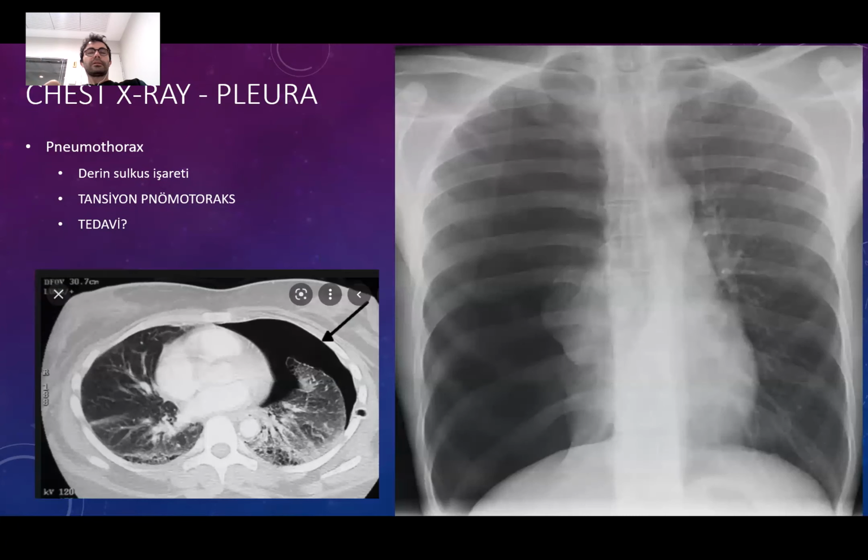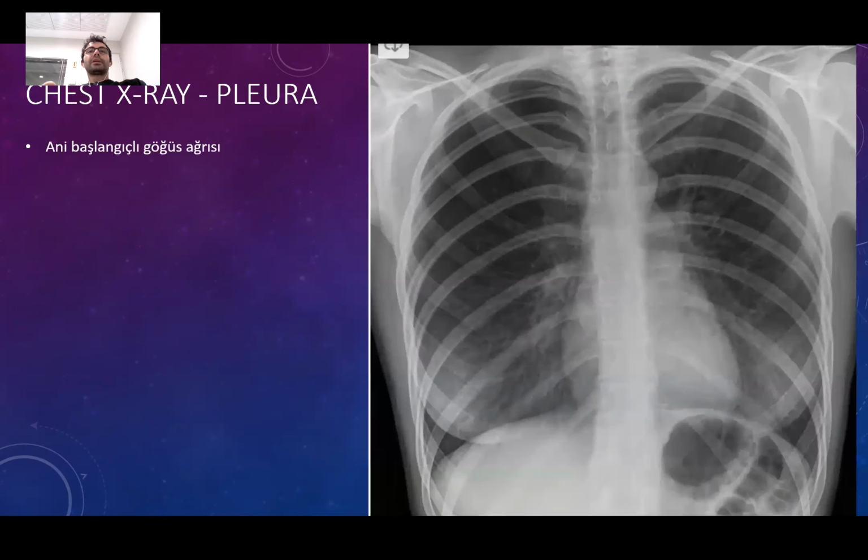This can be a clue. In big cases, it's easy to diagnose and it's getting dangerous. In very subtle cases, it's hard to detect. You should always look for bronchovascular lines and pleural lines when you are looking at a chest X-ray.